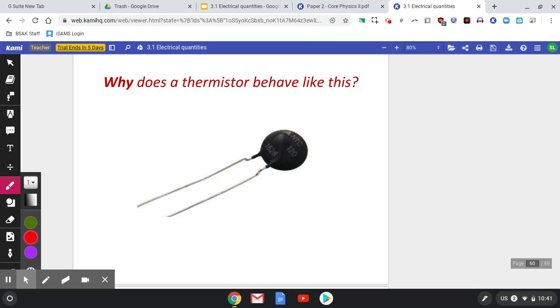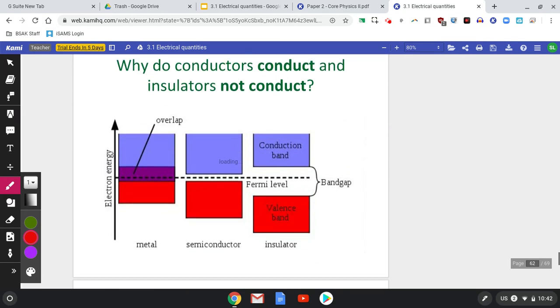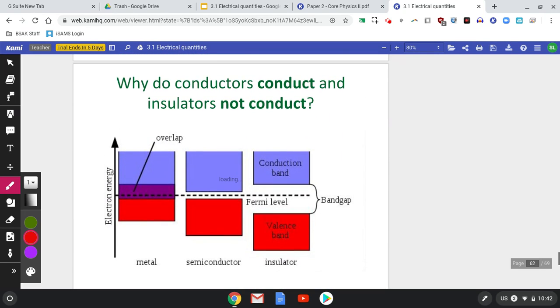If you remember, semiconductor devices like thermistors and LDRs work because they contain a semiconductor. A semiconductor is a material that sometimes conducts electricity well and sometimes doesn't, depending on external conditions. That's all to do with this diagram here. It's all about conduction bands, band theory.